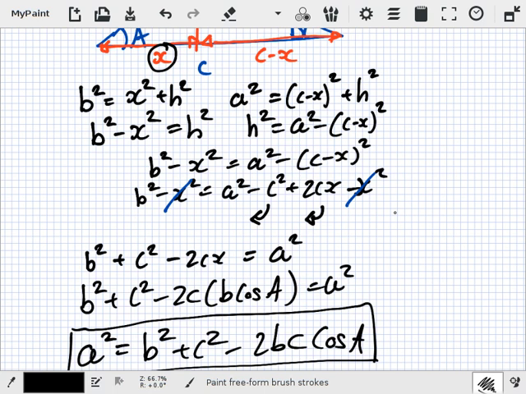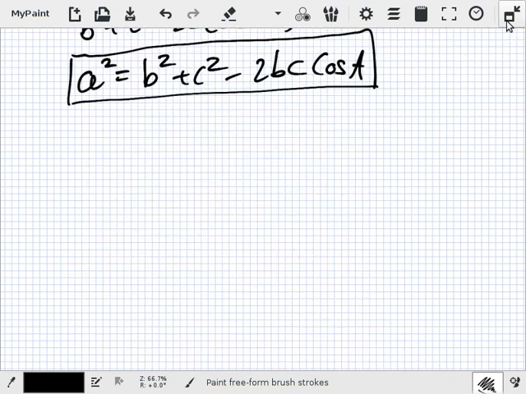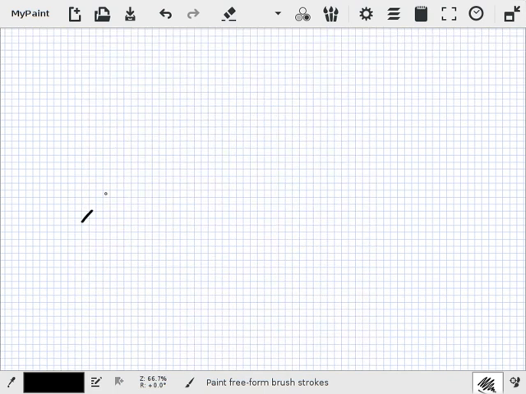Now, I kind of remember these rules not like this, but more in words. So if you have a look, this is how I remember the sine rule.